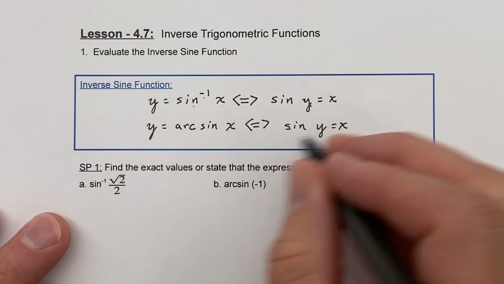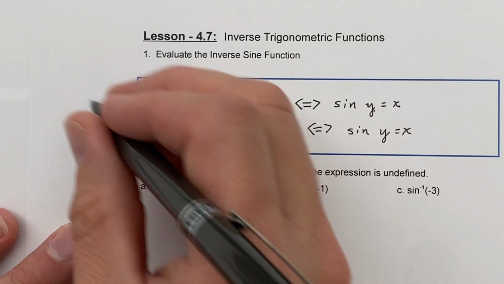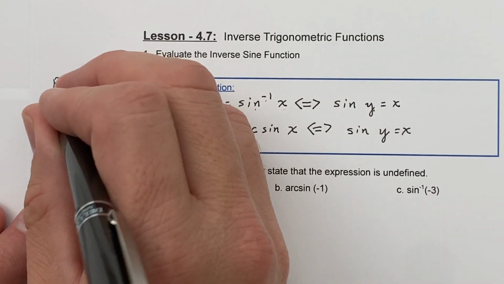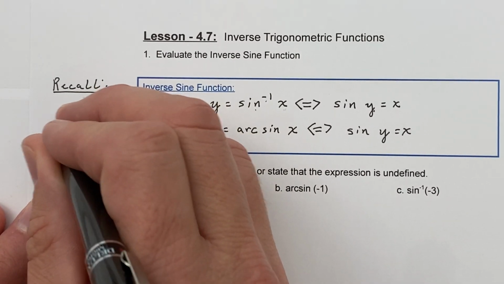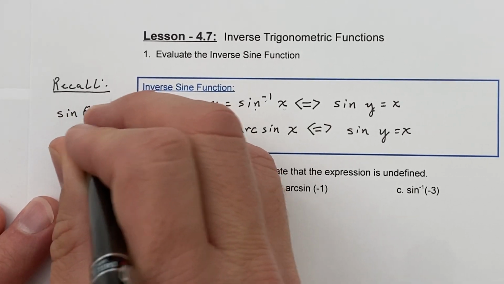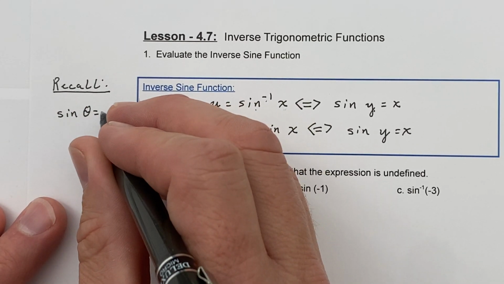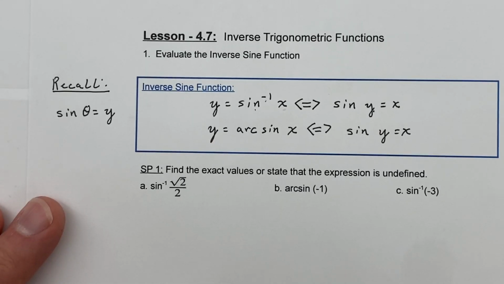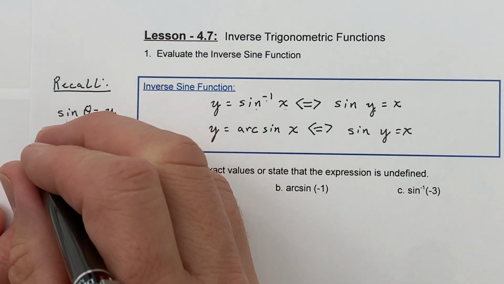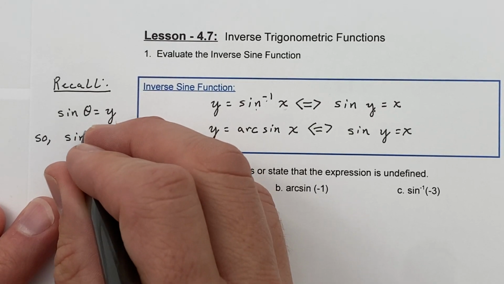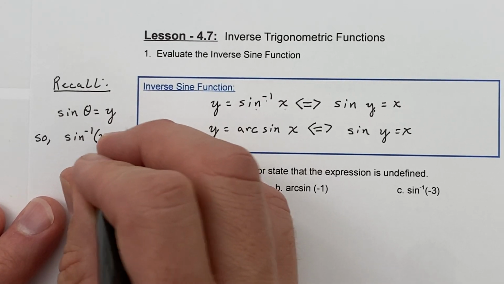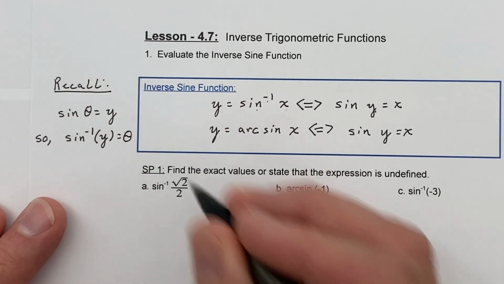And so I'm going to use this definition that they have in the book, but probably what, again, I prefer is if we had the sine of theta was equal to y, right? So if we wanted to solve for theta, now it'd be the inverse sine of that y will get us theta.